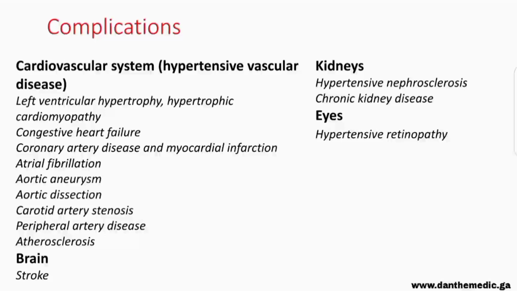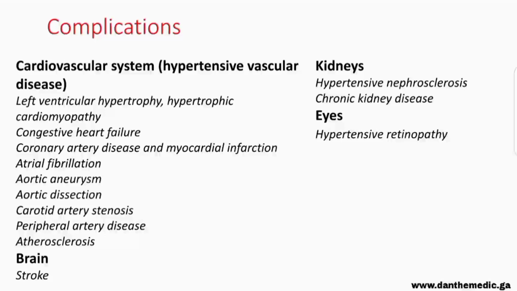If you remember from the previous lecture, I said atherosclerosis forms based on the fact that there are microscopic tears in the intima. So, hypertension is known to also cause microscopic tears because of the increased pressure. So, this can also lead to formation of atherosclerosis.